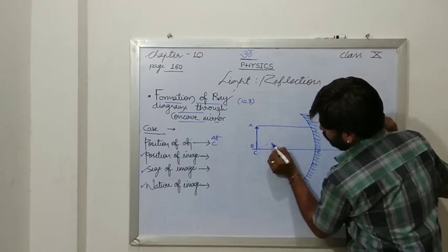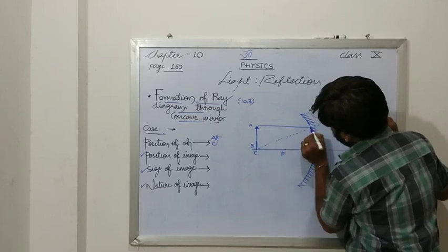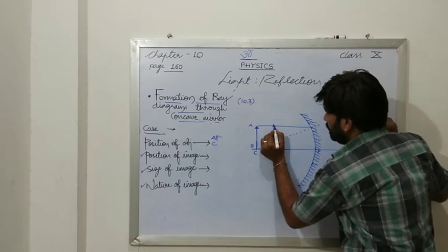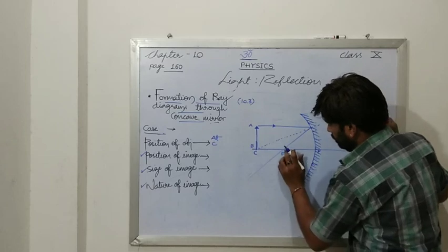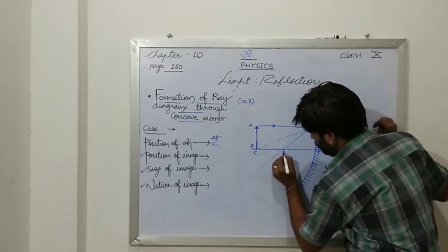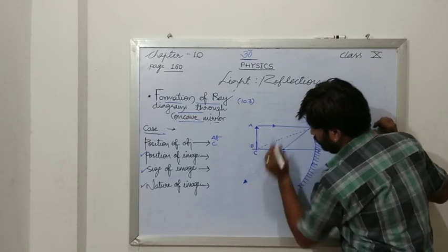We are going to put a normal over this particular point. A line parallel to the principal axis, just after reflection, will pass through the focus. This is the reflected ray for the first case.